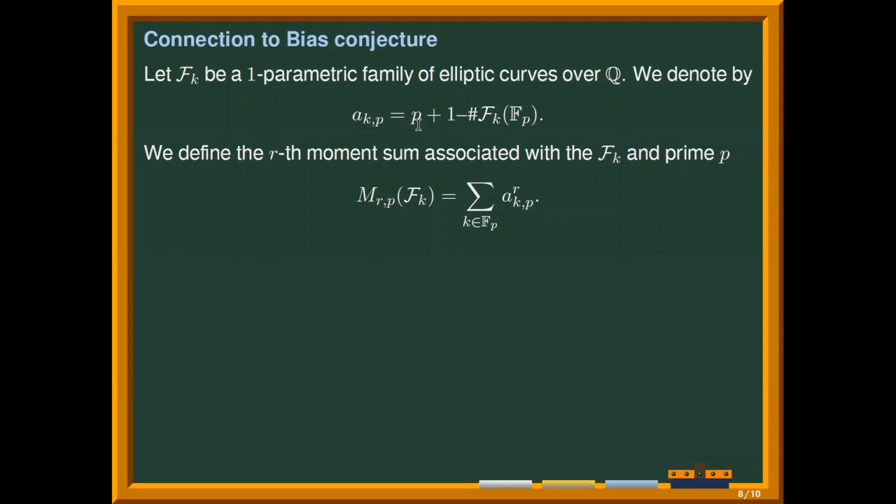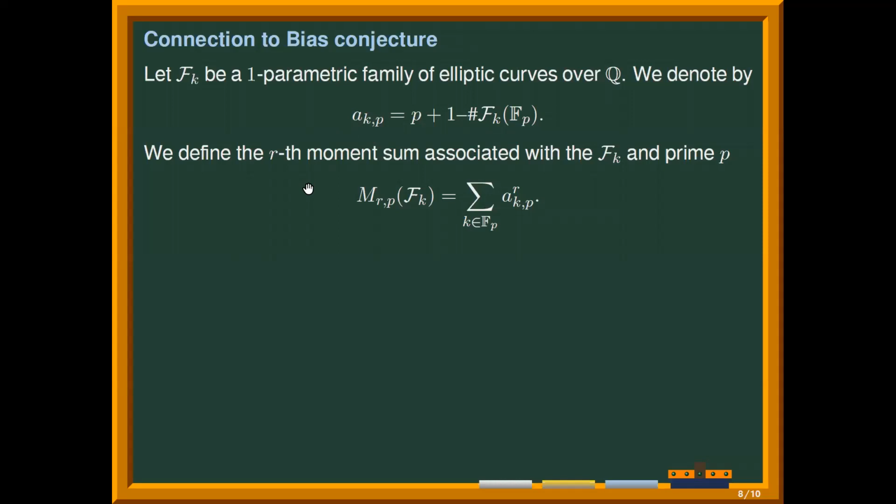In other words, if you consider modulo a prime p, you get an elliptic curve over F_p, and if you compute p plus 1 minus the number of points of that elliptic curve over F_p, you get the number a_k(p).